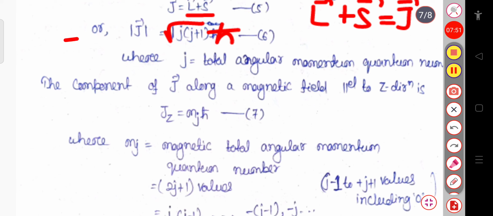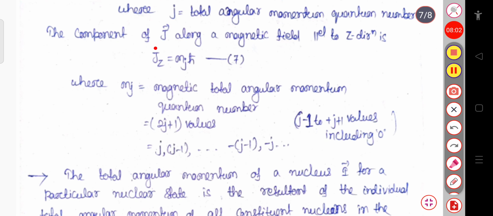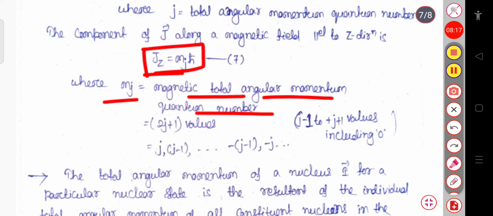This capital J represents the total angular momentum, and this small j represents the total angular momentum quantum number. Now the component of the J vector along the magnetic field parallel to the z direction, we can write Jz equal to mj h cut, where mj is the magnetic total angular momentum quantum number.